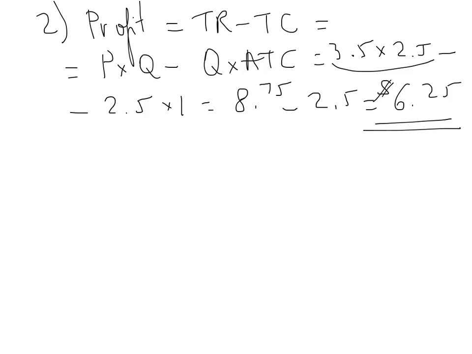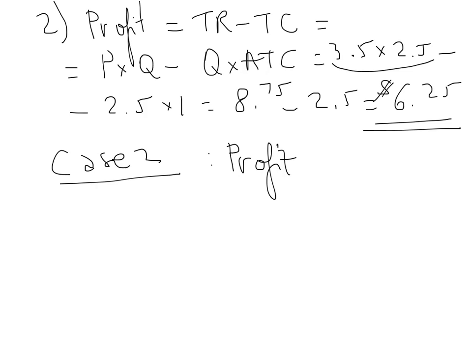Then we are going to use the same setup of the problem to calculate first degree price discrimination profits, which is going to be case 2. What is my profit if I engage in first degree price discrimination?